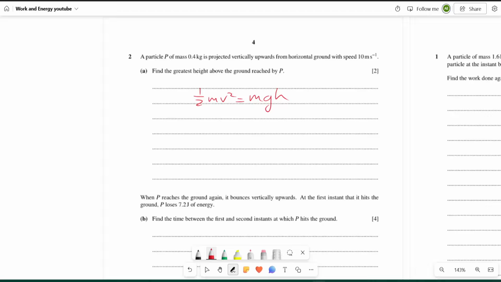I can cancel the m. I'm going to have half times 10 squared equals g, which for Cambridge is 10, times h, the thing that I want. So 10 can cancel with 100, so half times 10 equals height, so height equals 5 meters, and this is the answer.